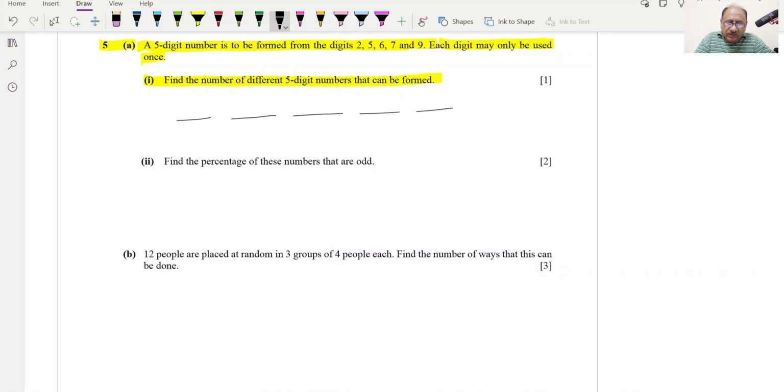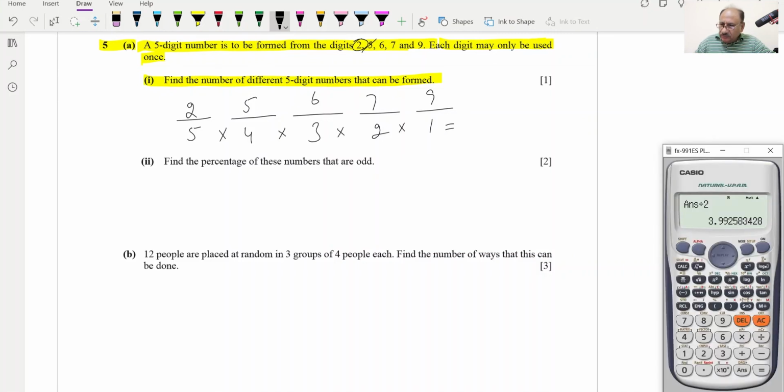If we take the first number as 2, it will have 5 options, 5 locations to be written, and next we can take 5, which will have 4 places. 6 will have 3, 7 will have 2, and 9 will have 1, and we can multiply these, and we will get 5 multiplied by 4 multiplied by 3 multiplied by 2 multiplied by 1 is equal to 120.